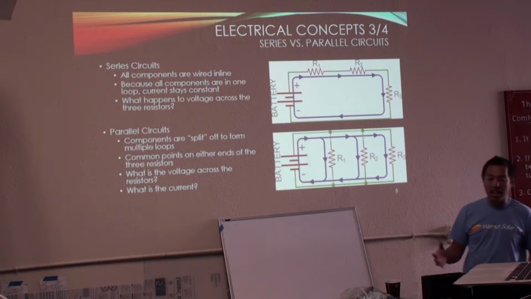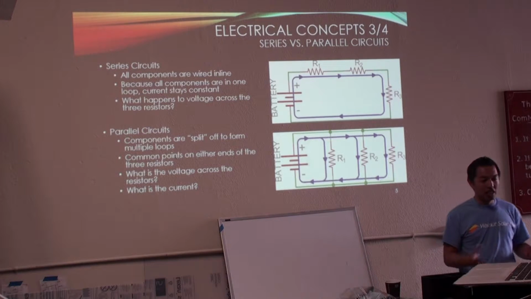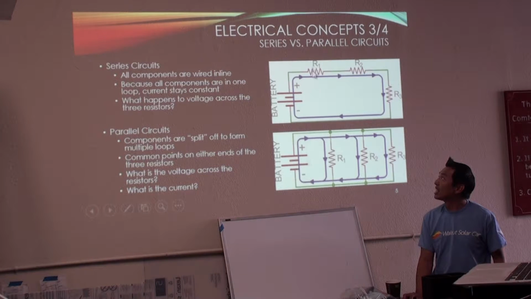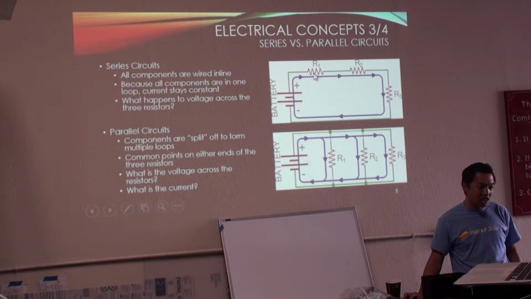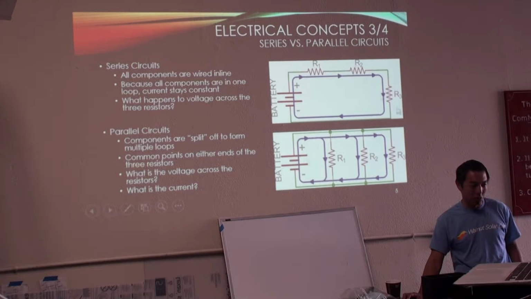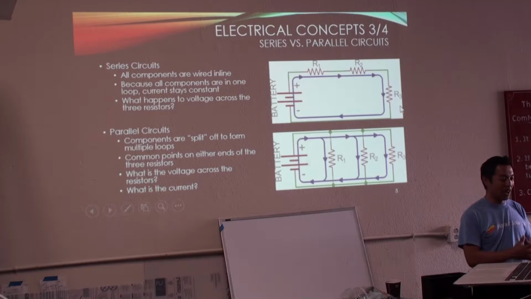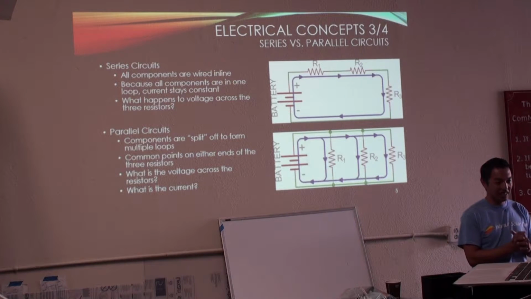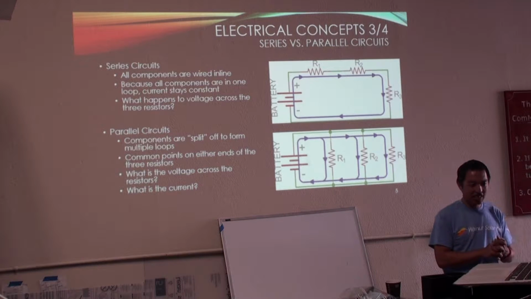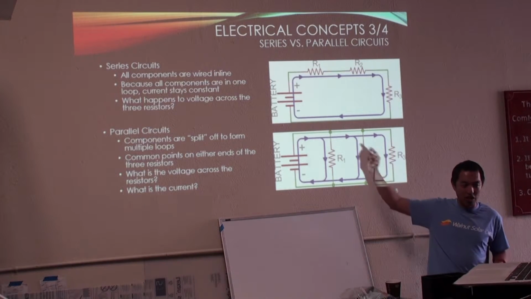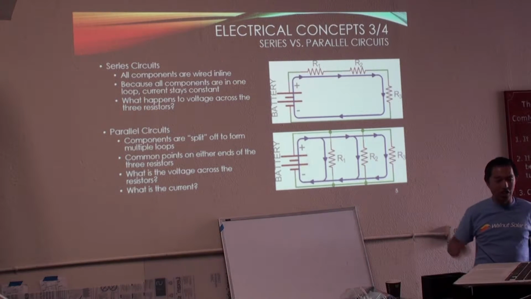Obviously, that means that if I were to increase this to say that this is twice the resistance of these two things, and these are equal, then what happens with the voltage? The voltage across the battery is still 30 volts. What's the voltage across R1 versus the voltage across R2 and R3?